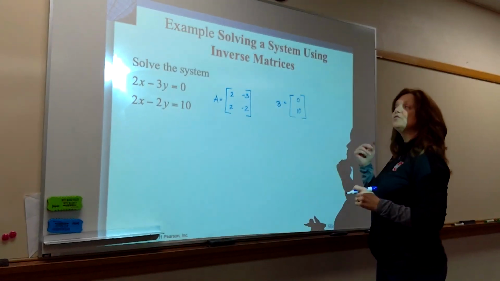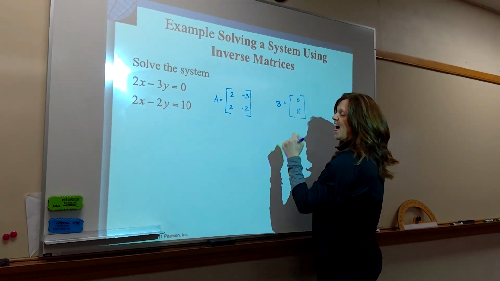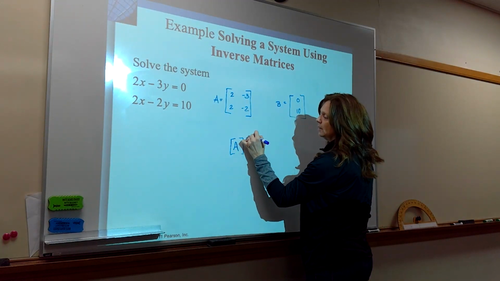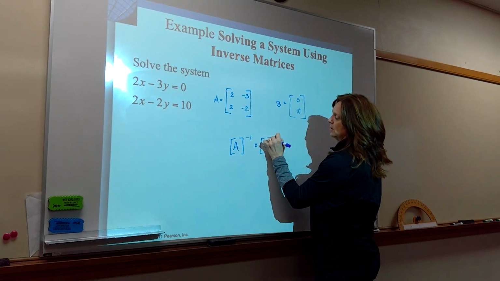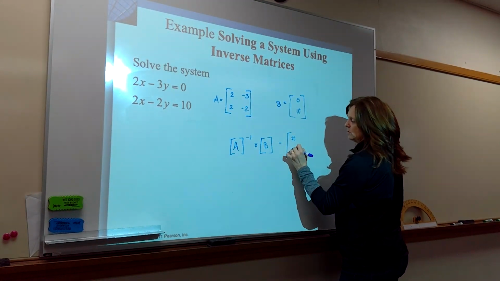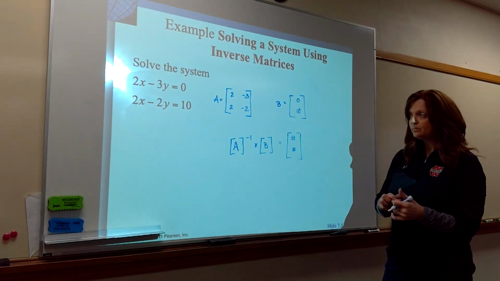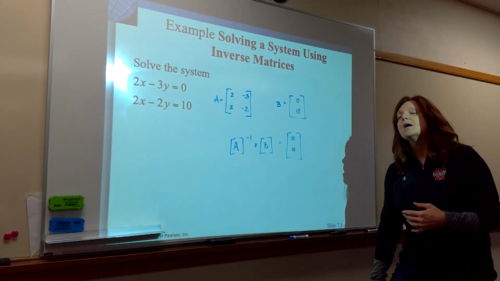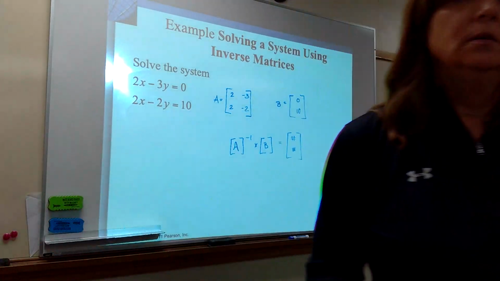And then to solve for x and y, this is what you type in. So you have to get these into your calculator, and then you type this in. You do matrix A inverse times matrix B. And it will give you a number, and it'll give you a number. Those are going to be your answers for x and y. So it's just a different way of doing it using that inverse matrix method. And so I'll show you that.